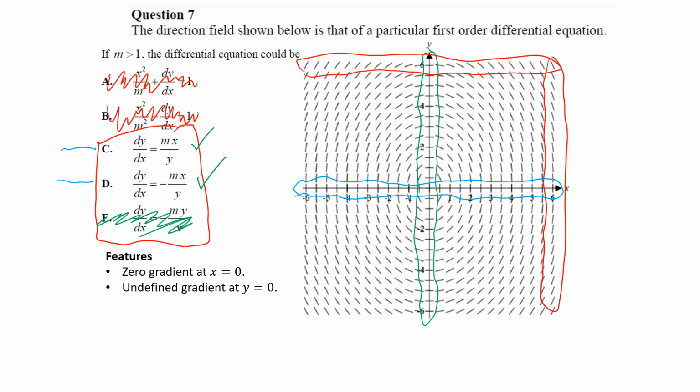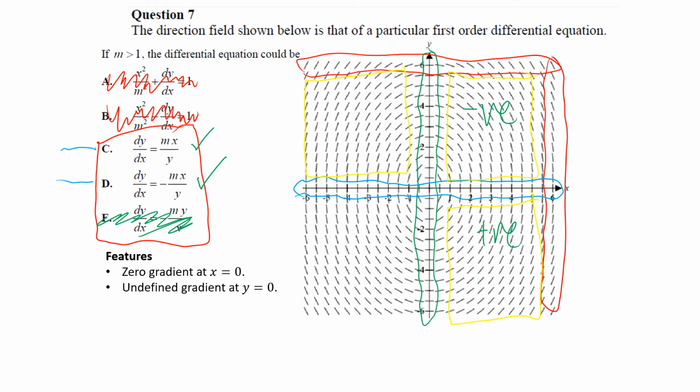It's about looking at when slopes are positive and slopes are negative. You can see over here, when x and y are both positive, you've got negatively sloped graphs. When x is positive and y is negative, you've got positively sloped. Just looking at the various quadrants, they all have these features.